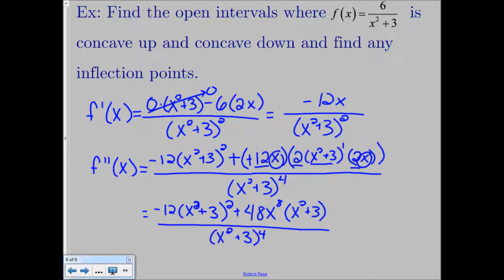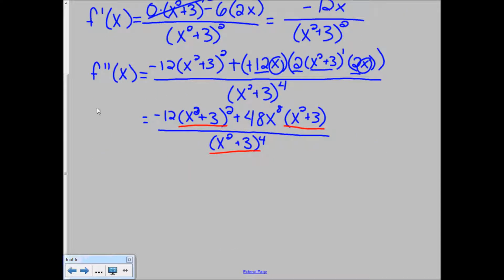Now, if you notice, every single term in the numerator has an x squared plus 3 term. And there's some x squared plus 3's in the bottom, which means that they're a common term, and we can divide both of the terms in the numerator by x squared plus 3, and we can get our powers down a little bit.